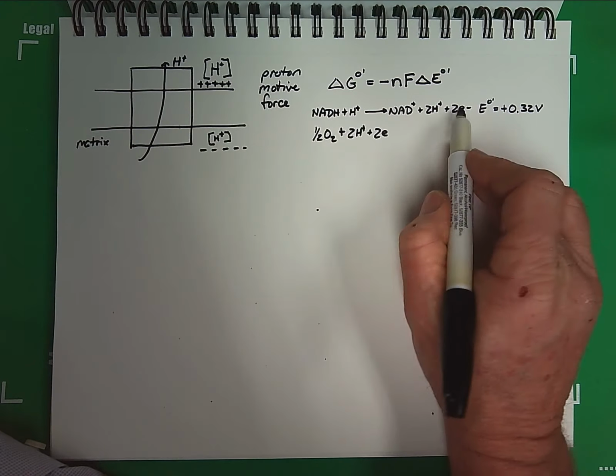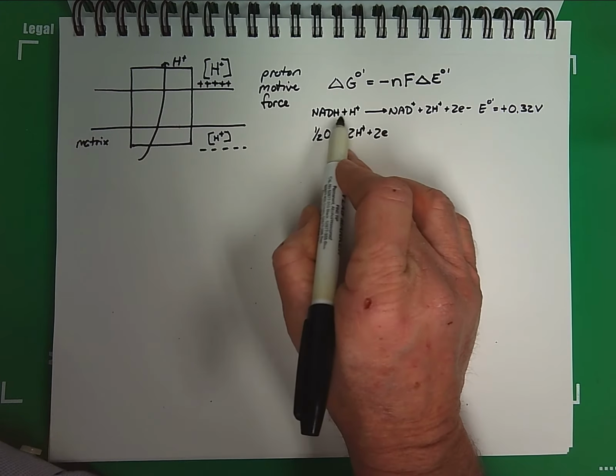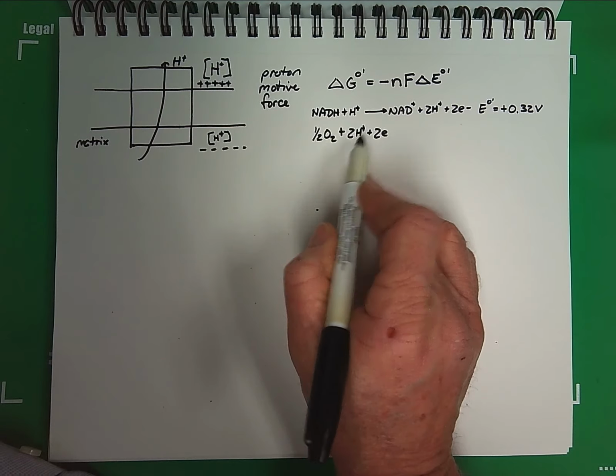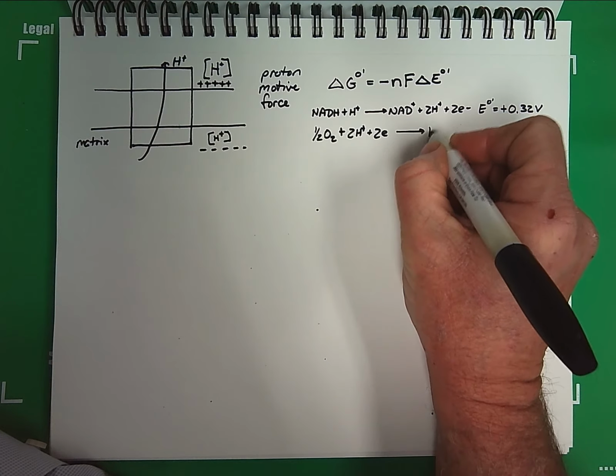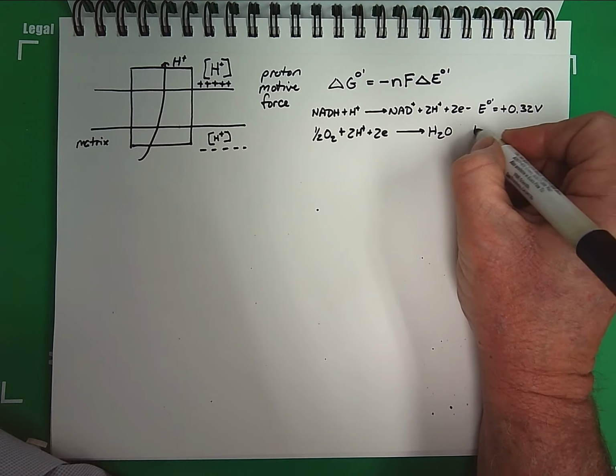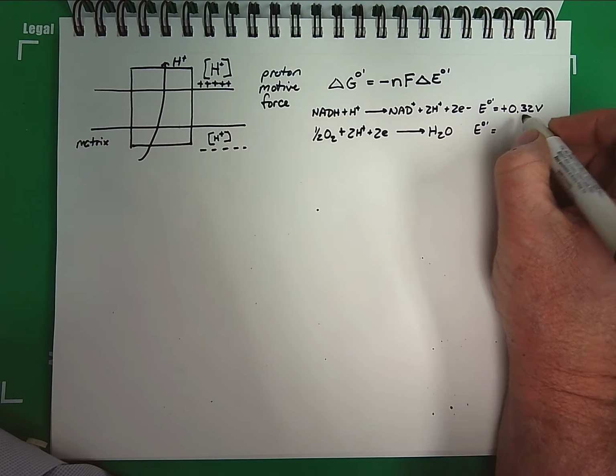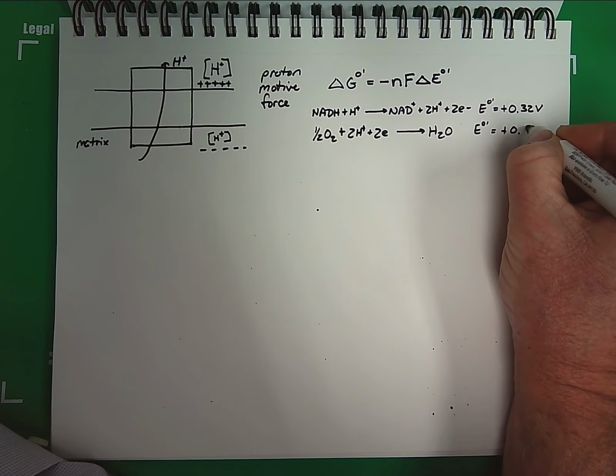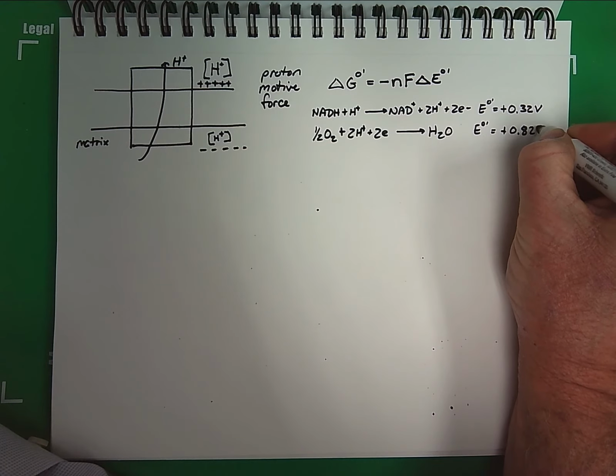So we are essentially saying we are taking these two electrons from NADH and ultimately transferring them to oxygen to create water. We saw the standard potential of this reaction is a positive 0.82 volts.